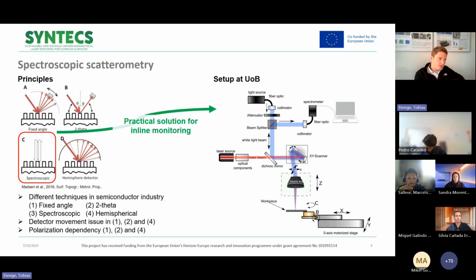So we had a white light source in the spectrometer, and we used the same scanner as well as the same f-theta lens as the texturing module itself. So you can texture and then directly measure your surface by spectroscopy.